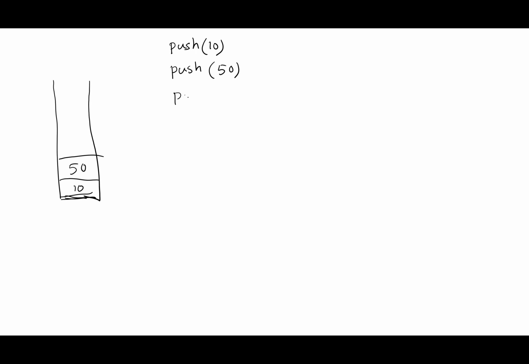And then if I do a pop, as you know, pop doesn't take any parameter because whatever is on the top is going to be popped. I cannot pop anything else. So the top is here now, right? So 50 is out. Then do a push again of say 15.